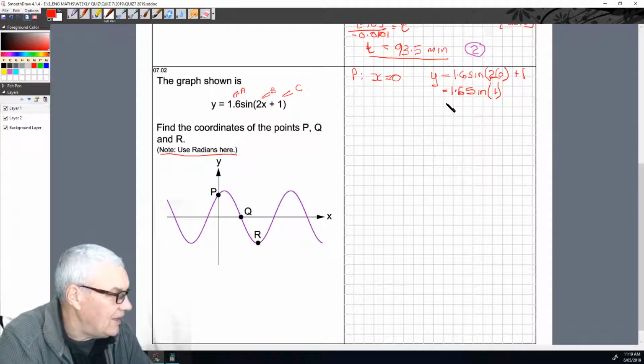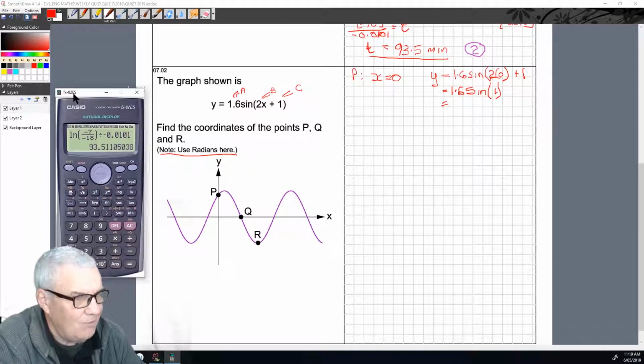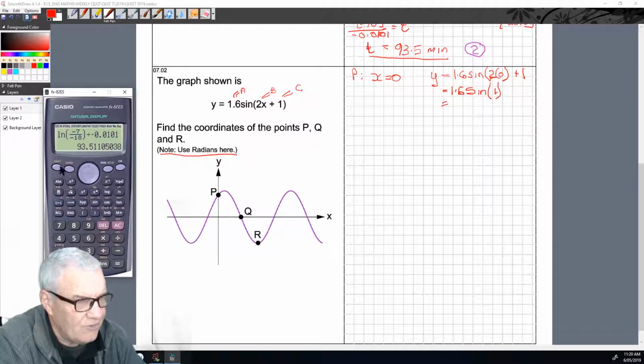Okay, and so we'll get our calculator here. Here's our calculator, and we'll make sure that it's in radians. Shift mode 4. Just check that again. Shift mode 4.